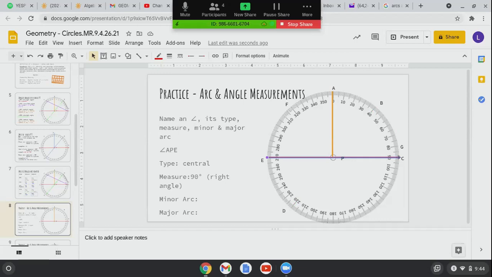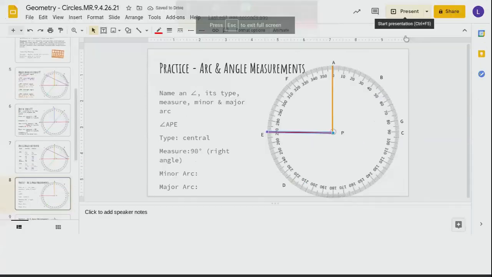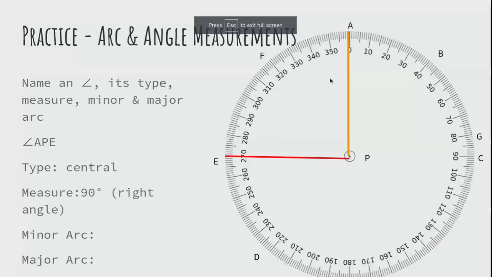Let me see if I can move it back a little bit. All right. So this is the angle we're talking about. Angle APE. We said it's a central angle, yes, because it has its vertex at the center, and I'll line those lines up a little better. And we also know that the measure of this angle is 90 degrees because it's a right angle.